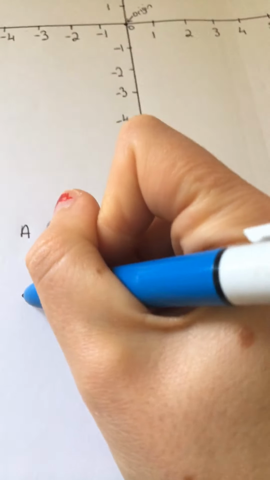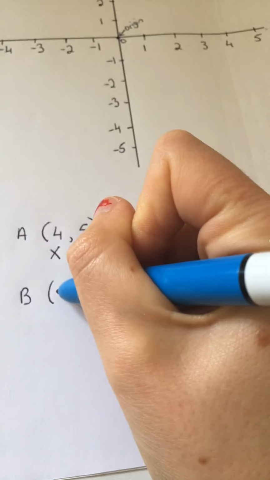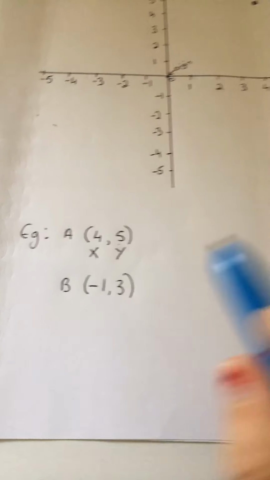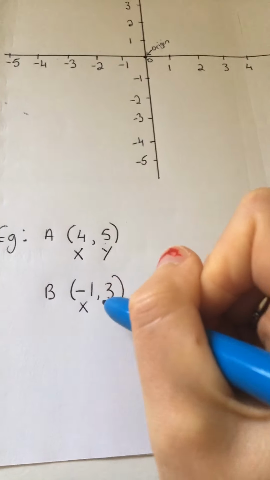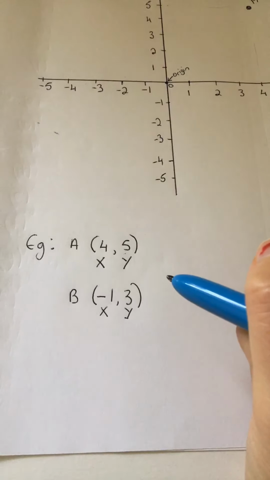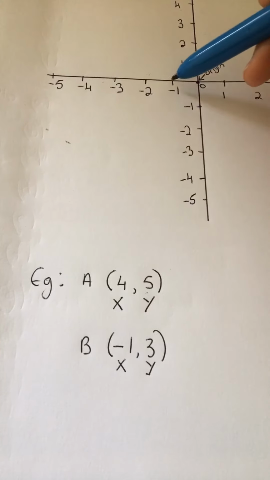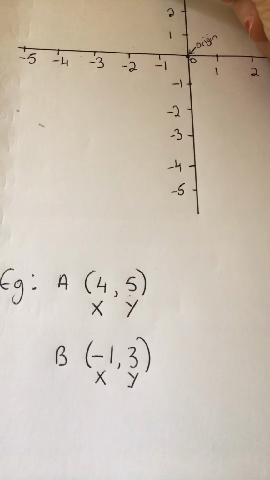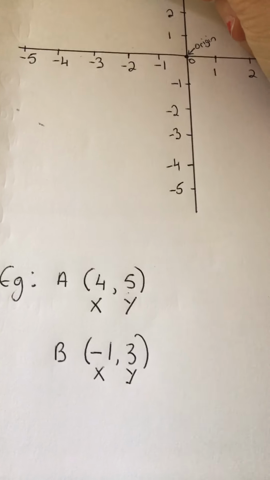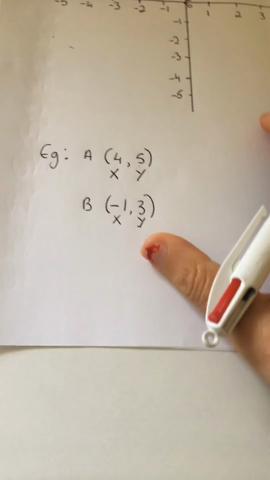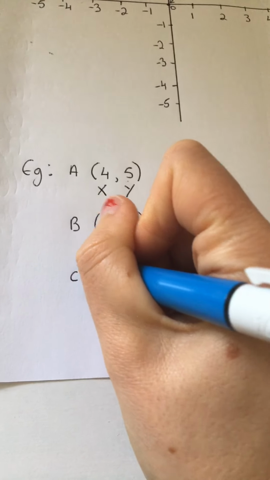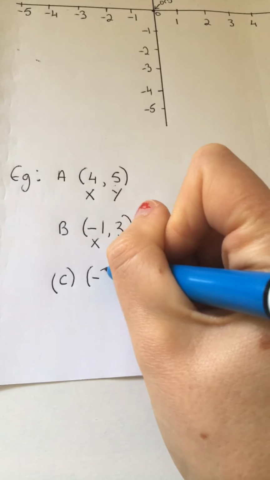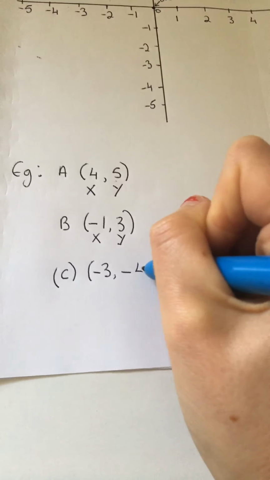Okay, next one we'll do point B, -1, 3. So this is on the x-axis and this is on the y. -1 on the x-axis and 3 on the y. So here is point B. Point C, I'm going to do -3, -4.